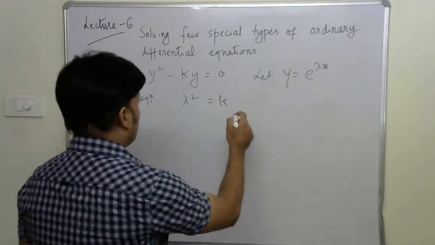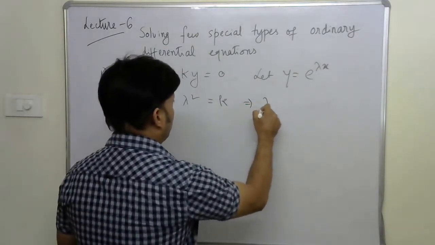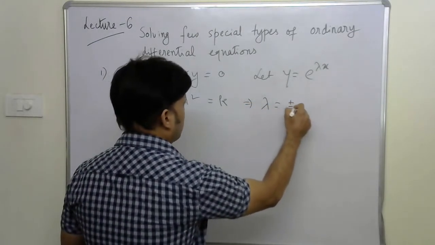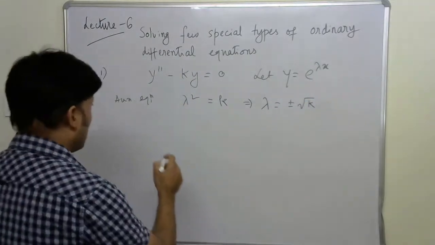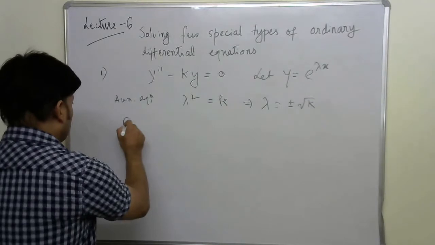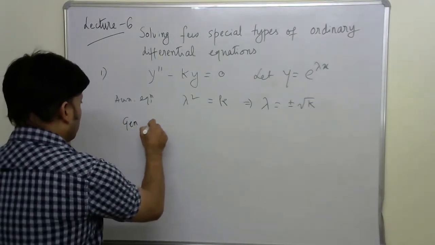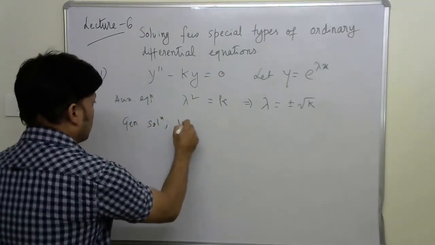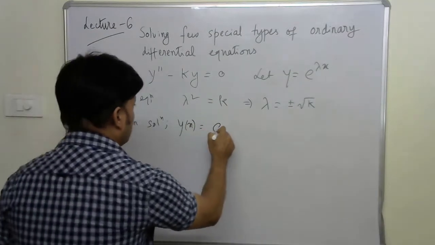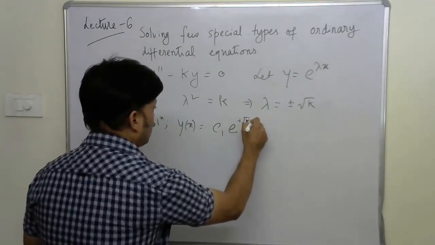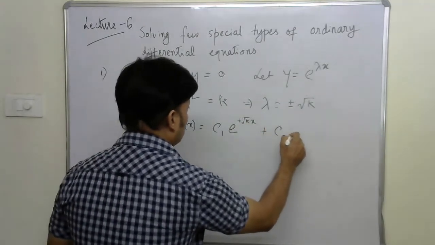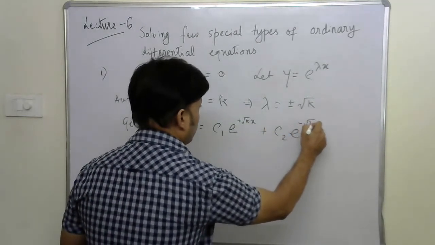So lambda square is equal to k means lambda is equal to plus or minus root over of k, where k is a constant. So therefore the general solution becomes y of x is equal to c1 e to the power plus root over of kx plus c2 e to the power minus root over of kx.